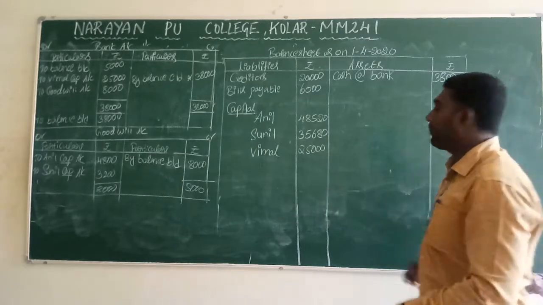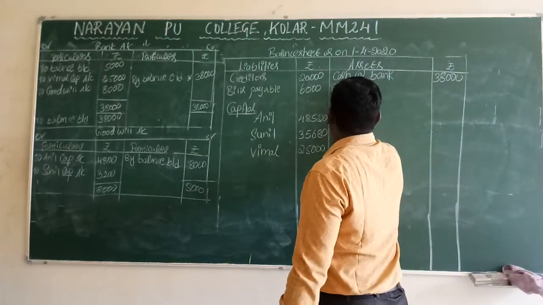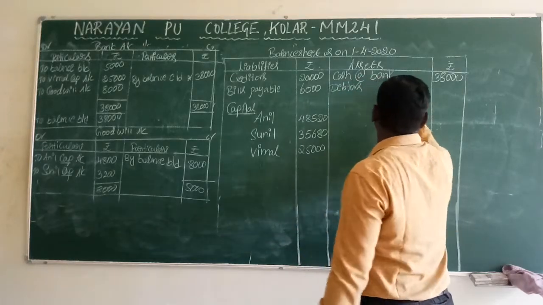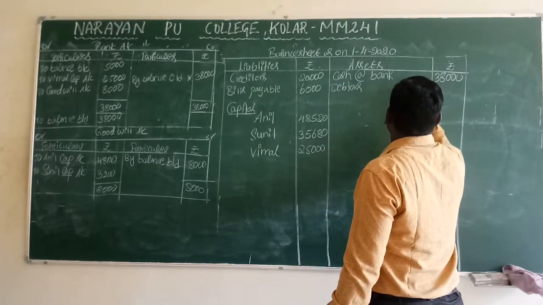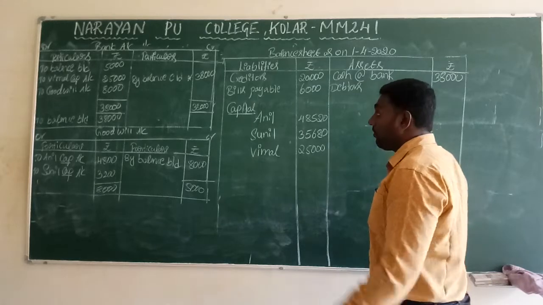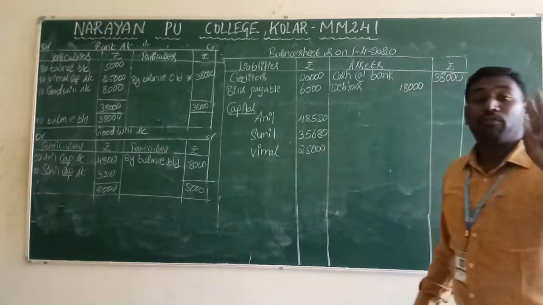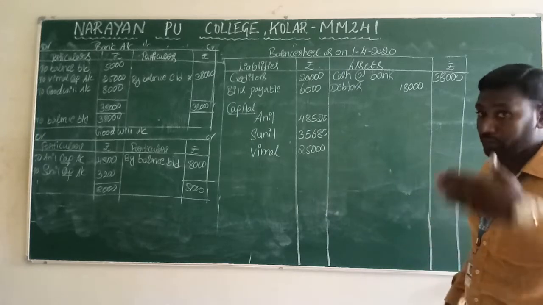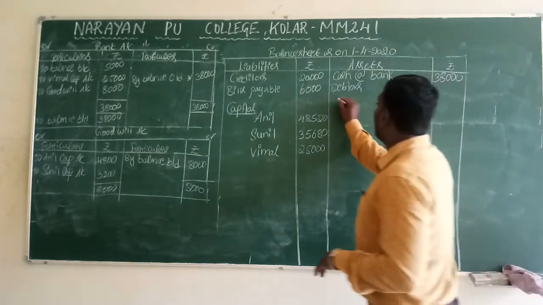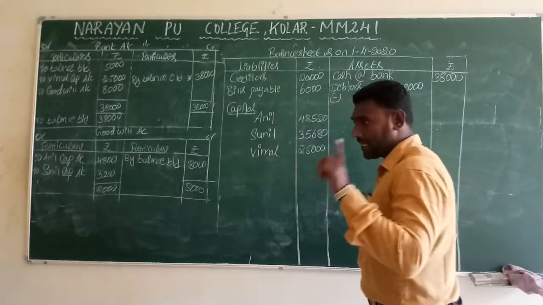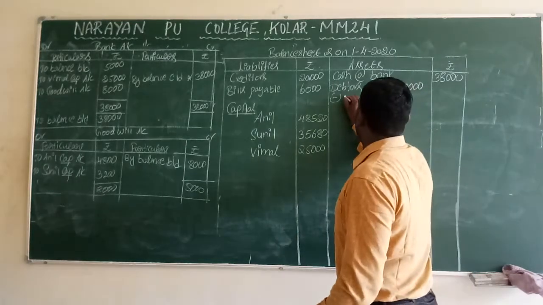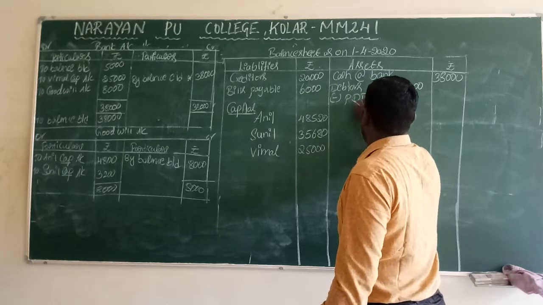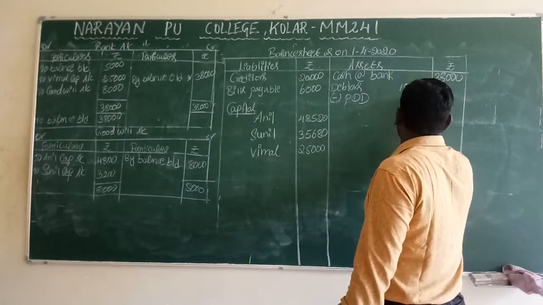Second transaction, debtors. For this we have an adjustment. The value of debtors is 18,000 rupees. For this, adjustment number 4 applies. Provision for doubtful debts is maintained. So we should consider that as an expense and deduct it: PDD, provision for doubtful debts, 900 rupees.